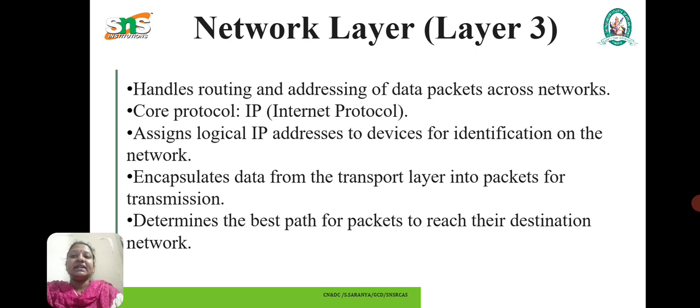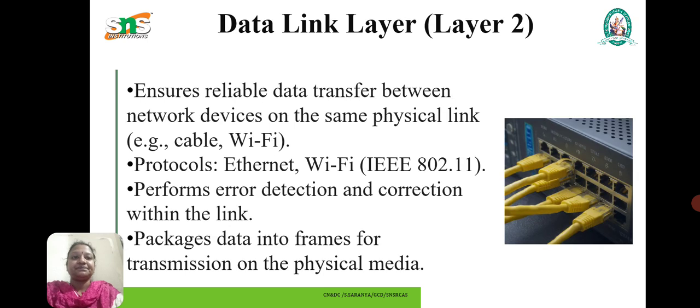It also packages data received from the transport layer into packets, including header information like source and destination IP address. The network layer also plays a vital role in determining the most efficient route for these packets to travel across the network, ensuring they reach their intended destination.